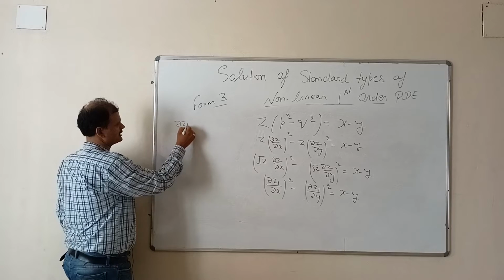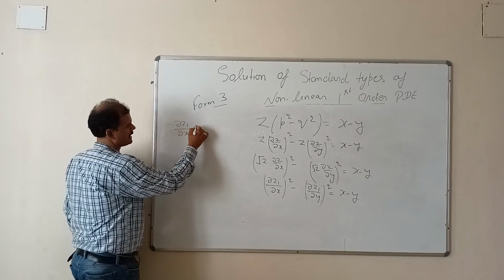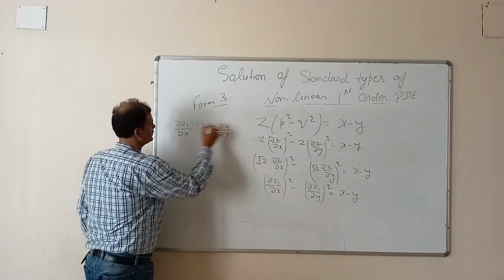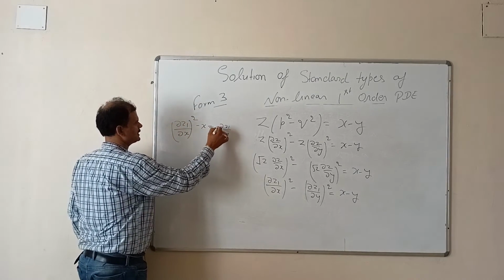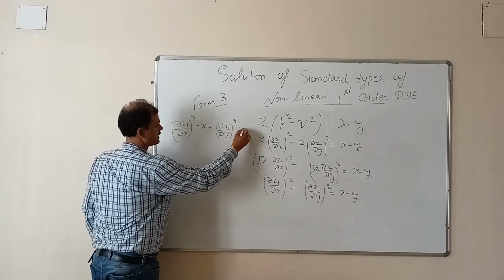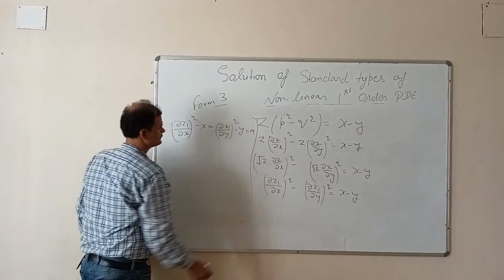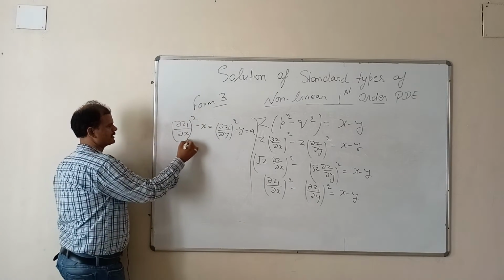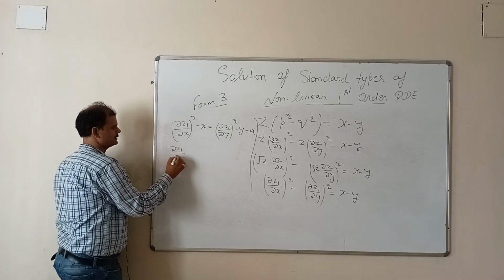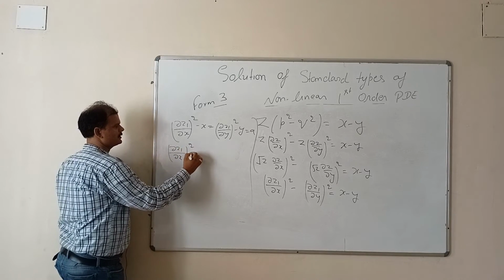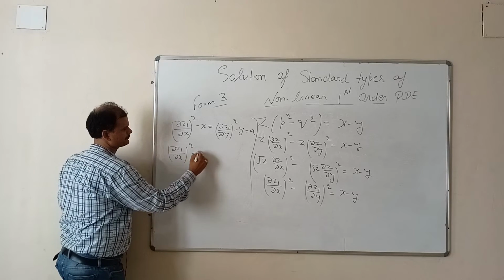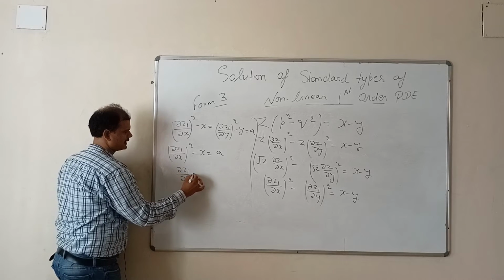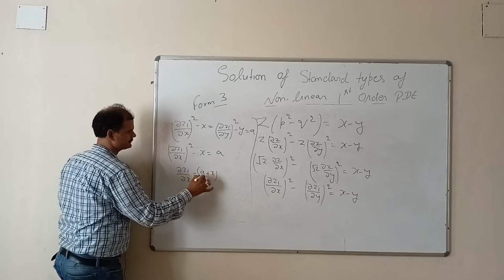So now (∂z1/∂x)² − x = (∂z1/∂y)² − y = a, we can take, right? If you take the first part, (∂z1/∂x)² − x = a, so we have ∂z1/∂x = (a + x)^(1/2).